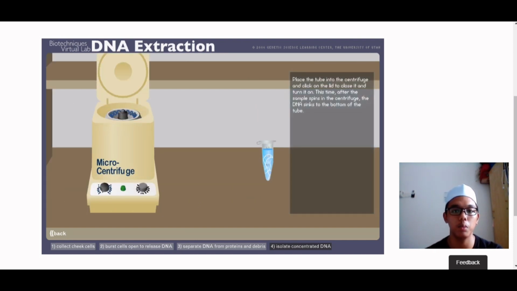We place the tube into the centrifuge, close the lid, and turn it on. After the sample spins in the centrifuge, the DNA sinks to the bottom of the tube.